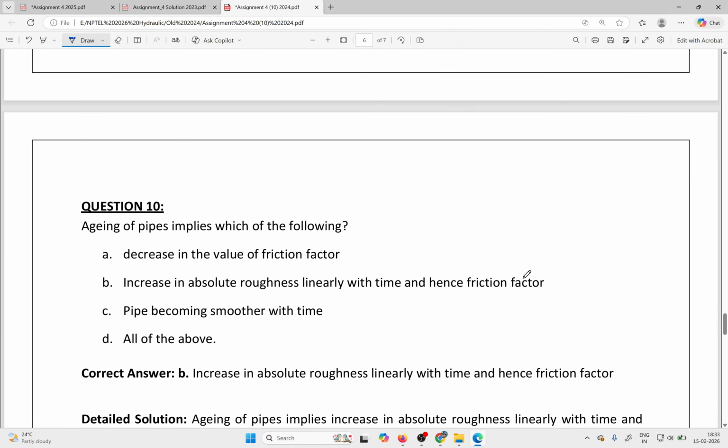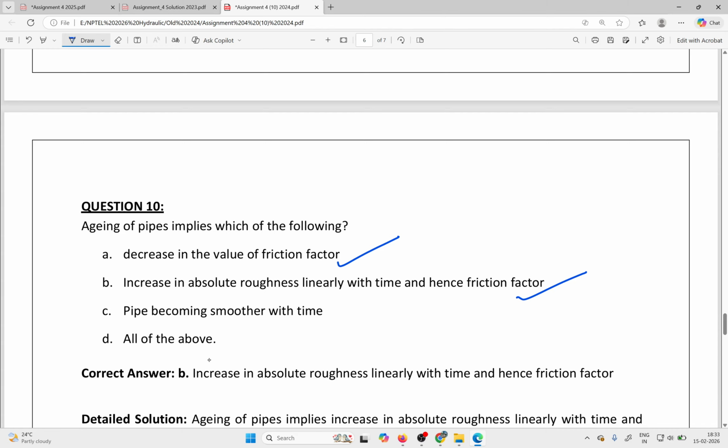Now, for question number 10: aging of pipes implies which of the following? Decrease in the value of friction factor, increase in absolute roughness linearly with time and hence friction factor, pipe becoming smoother with time, or all of the above.